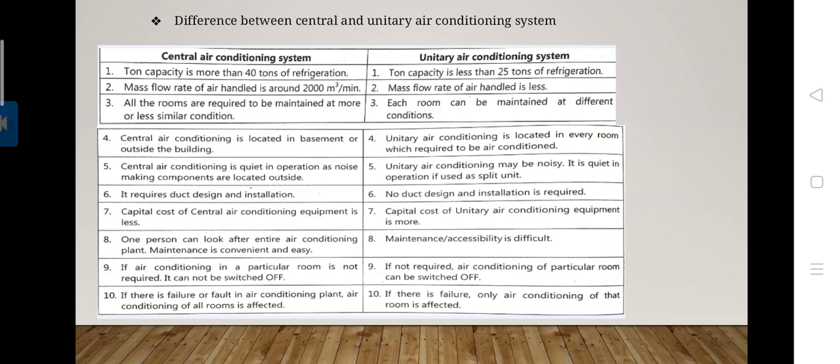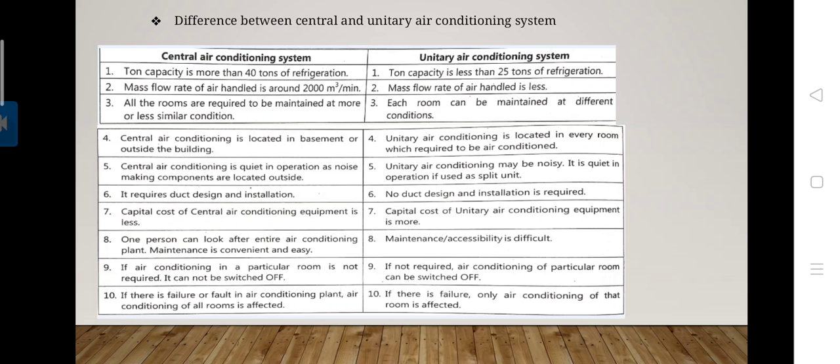Central air conditioning is located in the basement or outside the building, and unitary air conditioning is located in every room which is required to be air conditioned. Central air conditioning is quiet in operation, as noise making components are located outside.